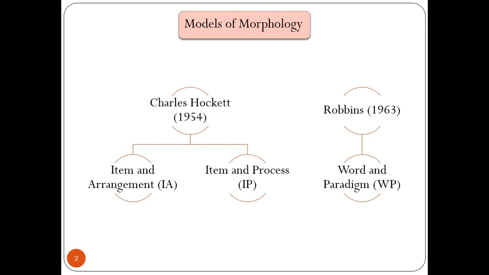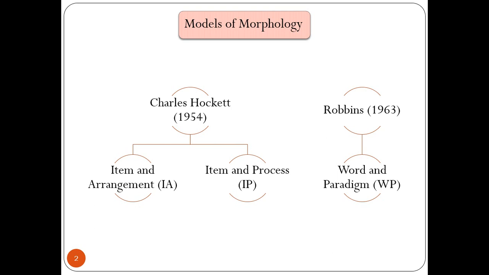So he divided those approaches and named them IA and IP. Okay, item and arrangement and item and process. These were the two major distinctions that he made, and I'm explaining each one of them in detail.